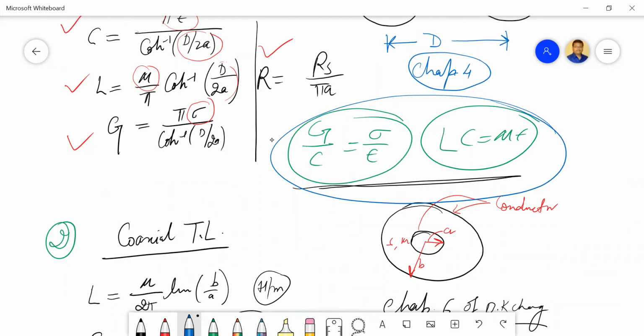This relation is really very important, because if you have sigma and epsilon, you can relate G and C. If you have mu and epsilon, you can relate L and C. So once you have L, you can find C, correct? With this we can estimate the different lumped parameters.